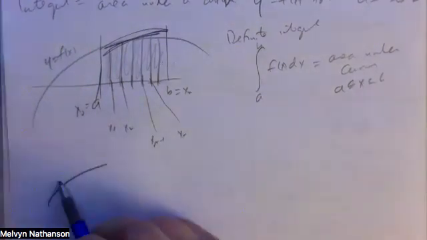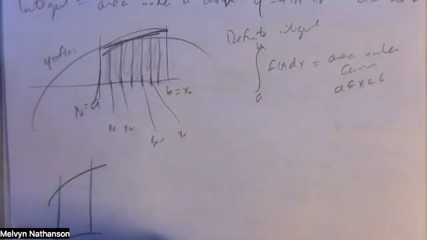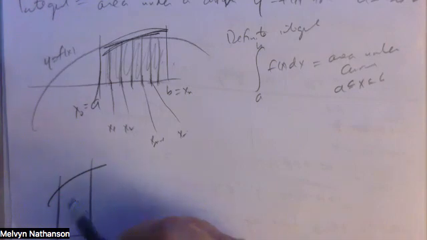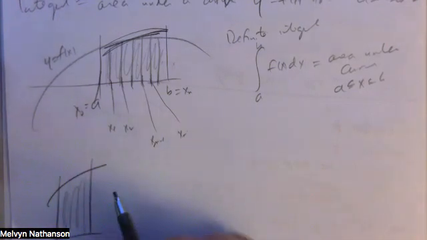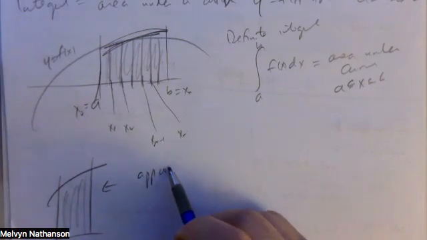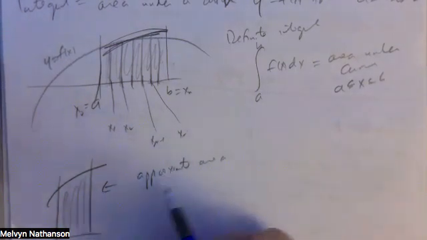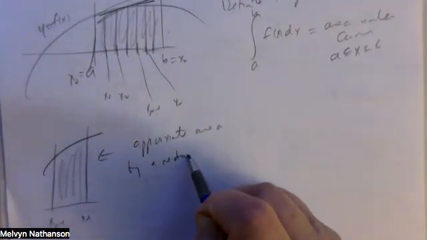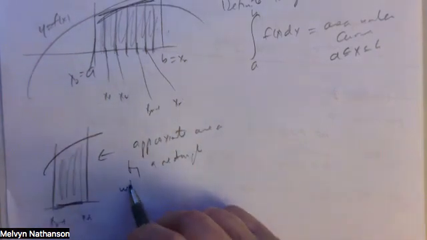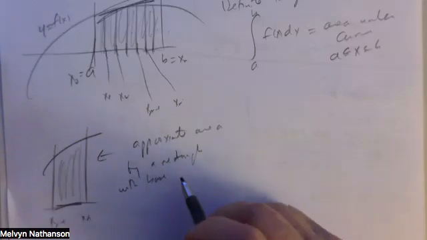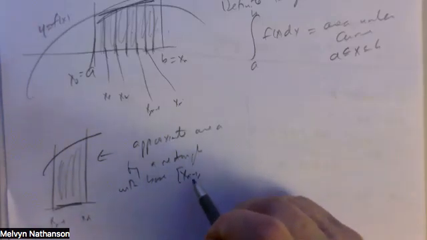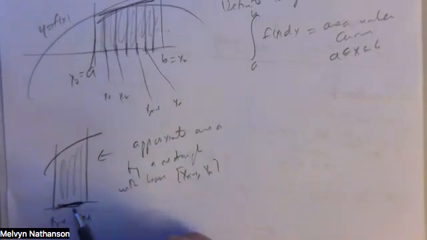Let me just blow this up. Let's say this is x_{i-1}, and this is x_i, and we want to find out what this area is. You can approximate the area under the curve by a rectangle. A rectangle has a base, and the base is the interval from x_{i-1} to x_i.